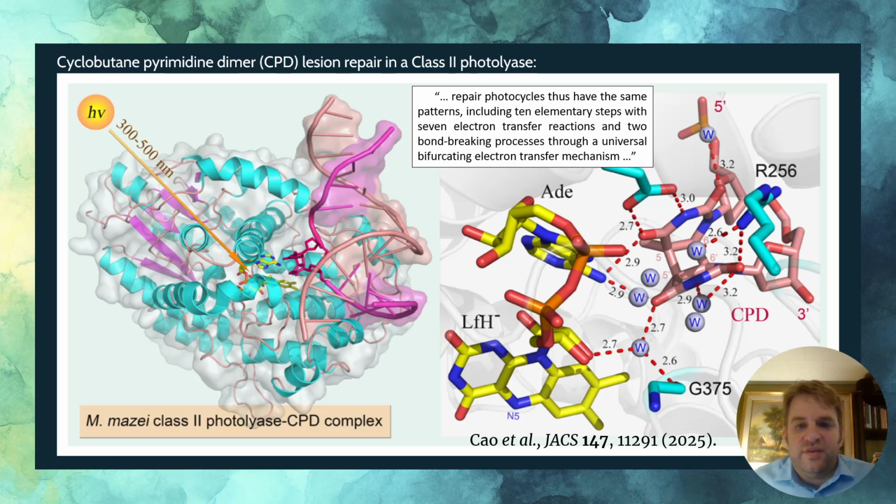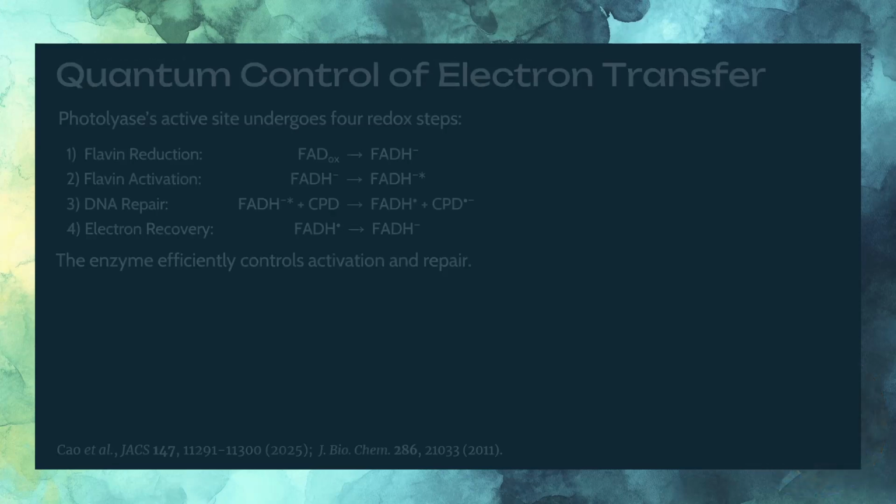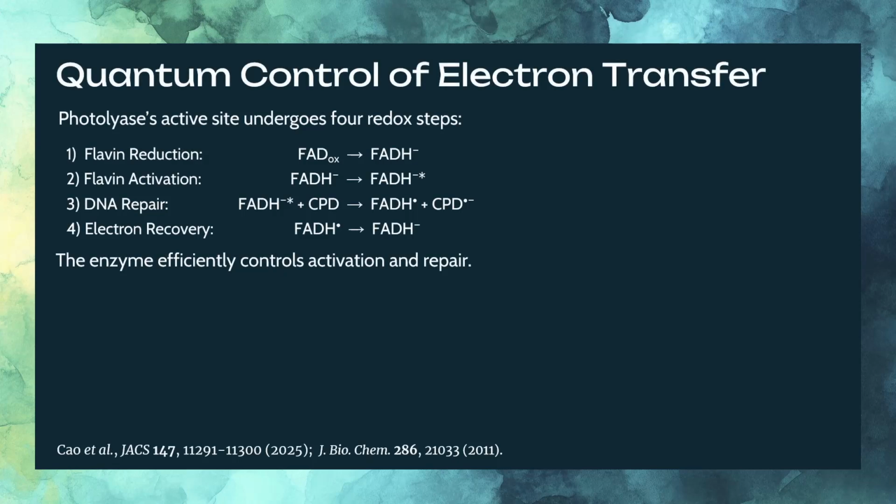And so even though there are many different species of photolyase found throughout the kingdom of life, it's now becoming understood that they all follow basically the same essential overall mechanism in carrying out these repair processes. So we could take a closer look at that.